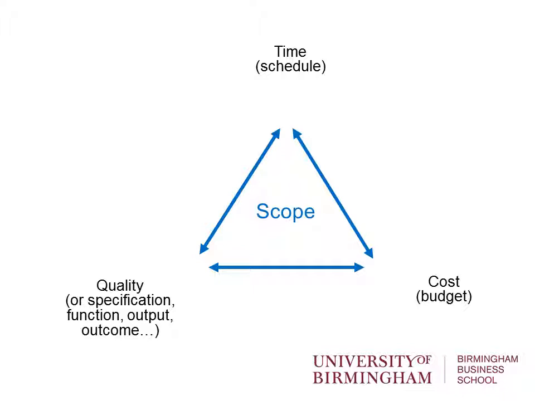What sort of specification or output or something do we want the project to deliver? And these aspects of the project can be seen to encompass, I think, scope. Sometimes scope is listed as where the quality one is, but I prefer to see the triangle as encompassing or giving a boundary to scope.